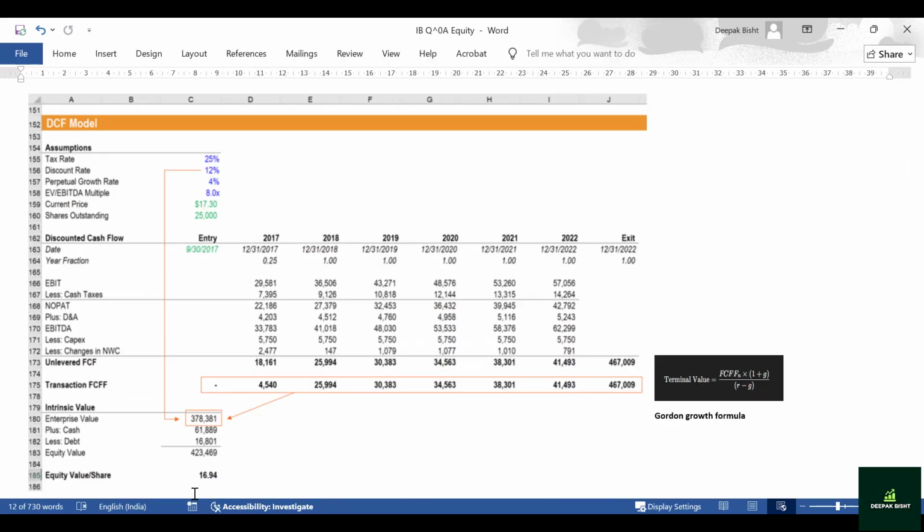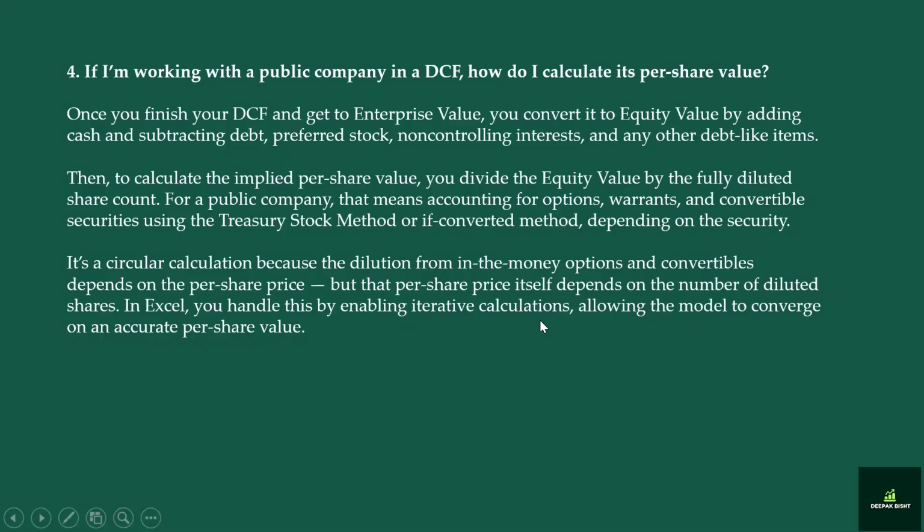To resolve this, you need to enable iterative calculation in Excel so that it can cycle through to find an approximate per share price. What that means is, to calculate the per share price, either your enterprise value changes or your total number of shares changes.